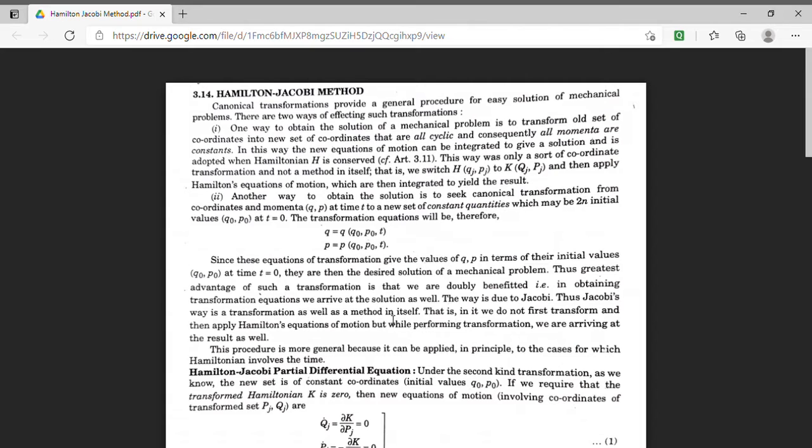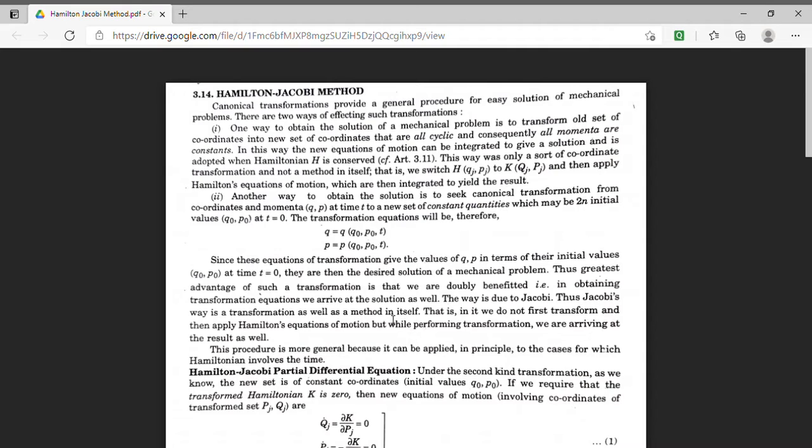Canonical transformation means that we have a given set of coordinates and we want to change this set of coordinates to a new set of coordinates which is more convenient to us.